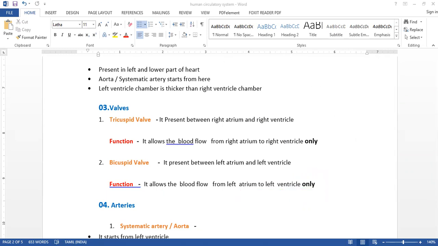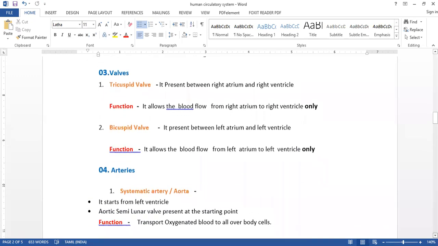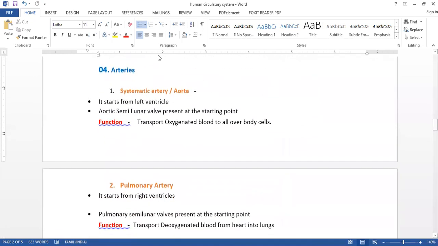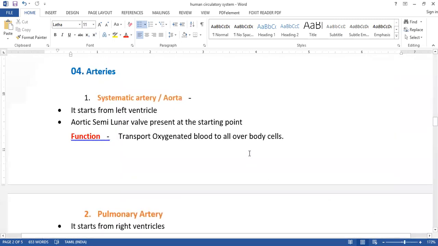If we take the arteries, we also discussed this one. There are two types of arteries which start from the heart. One is the systemic artery. Another name for the systemic artery is aorta, or another name for aorta is systemic artery. And it starts from the left ventricle.